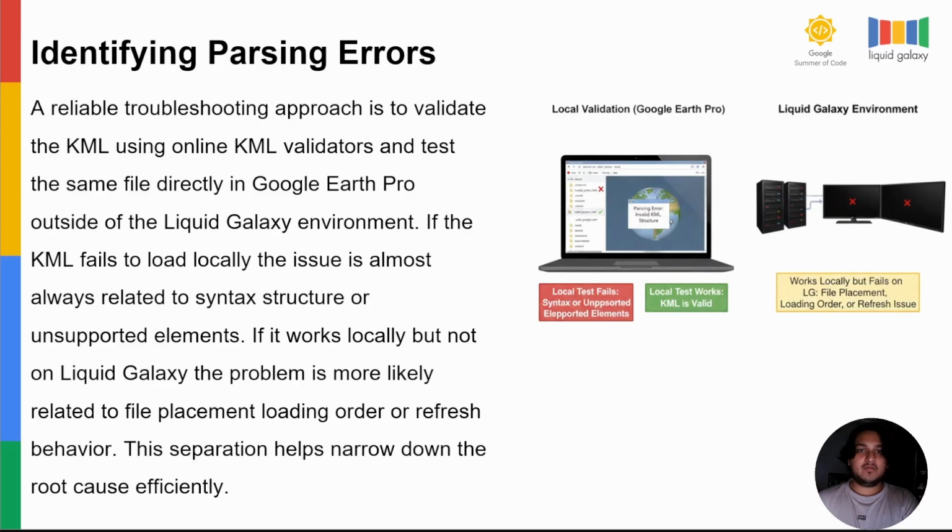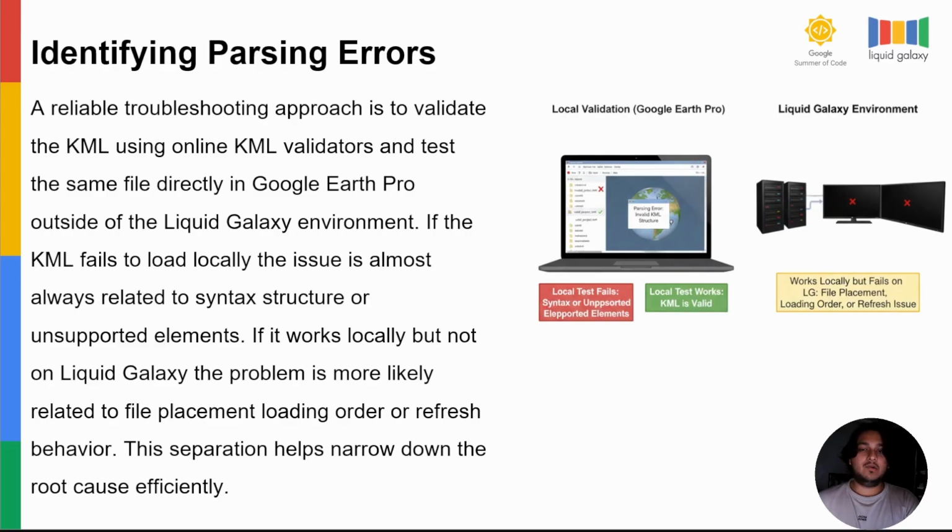However, validation alone is not sufficient. The second and more important step is to test the same file directly in Google Earth Pro on a local machine. This allows us to see how Google Earth itself interprets the file without any interference from the Liquid Galaxy loading mechanism.